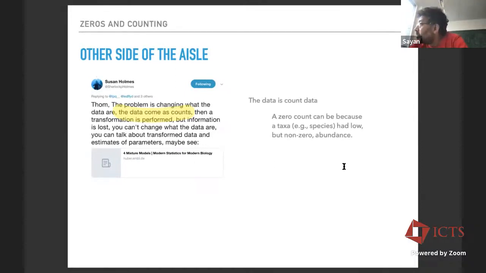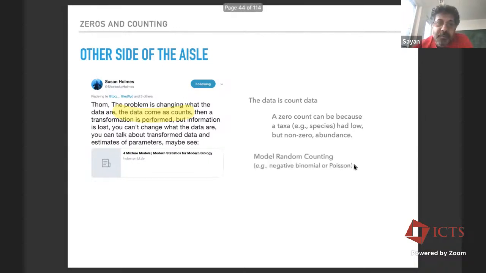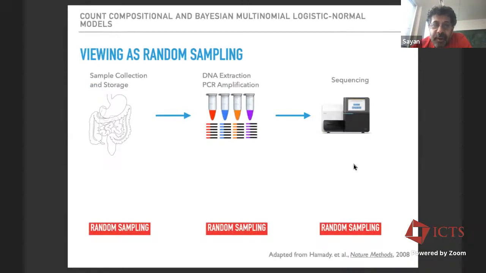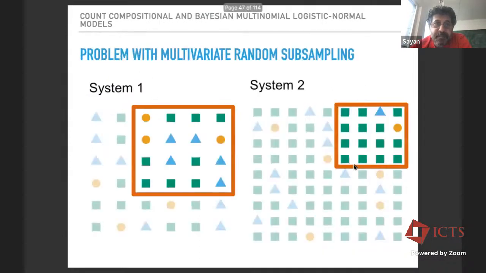It's also true that the data do really come as counts. They might be super noisy counts, but they do come as counts. So again, let's go back to the basic picture. You collect data, and what are you doing? You're just grabbing from a bag.